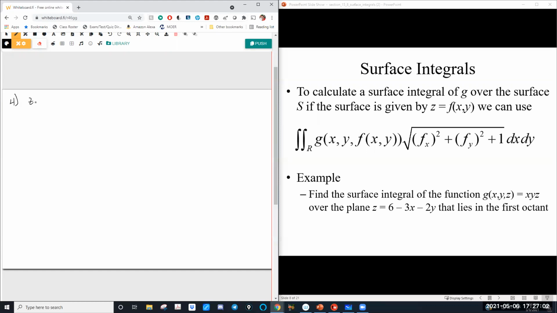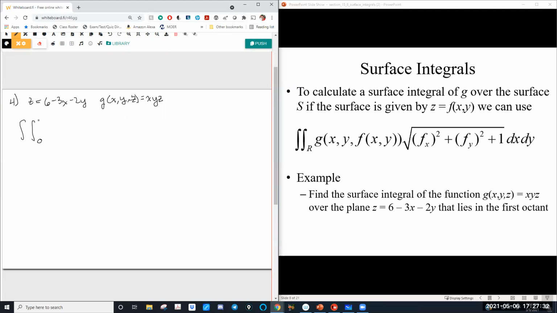So we're going to integrate over this surface, 6 minus 3x minus 2y in the first octant. And our function now is g of x, y, z equals xyz. Now, it doesn't have to be a function of 3 variables, but I picked this example specifically because I want you to see one thing. Let's go ahead and set this up.